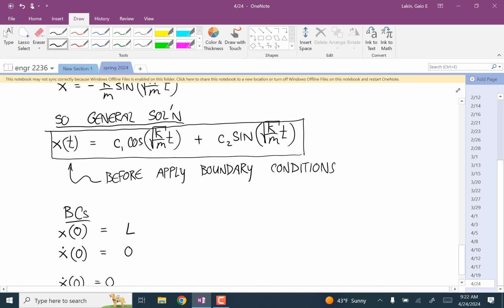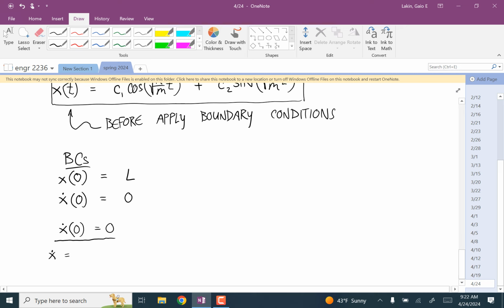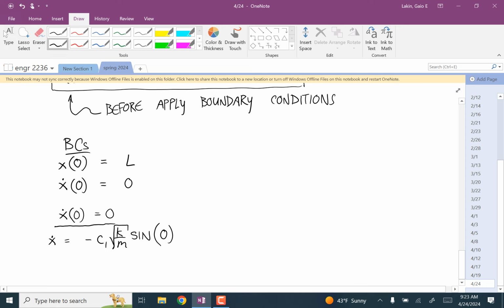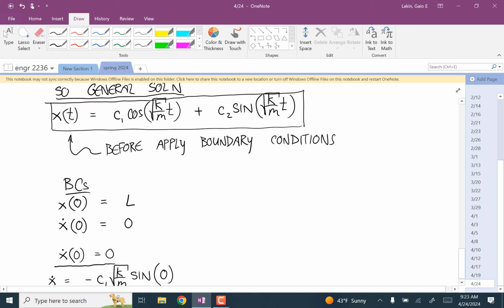Since we know that x has this form, we can just take the time derivative. So we have negative c1 times square root of k over m times the sine of, if you plug 0 in for time, you get 0 for the whole argument.